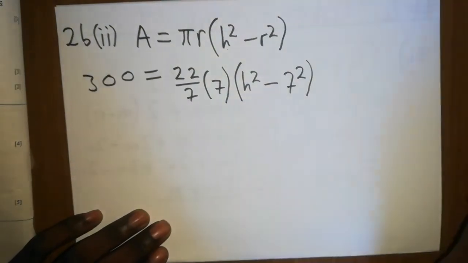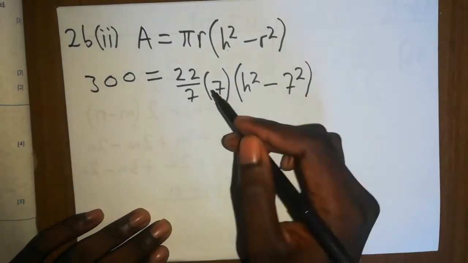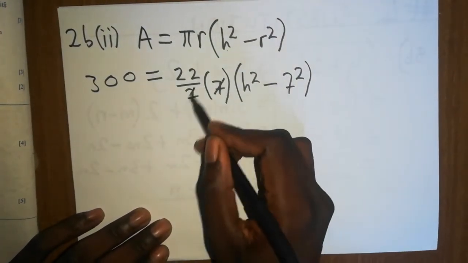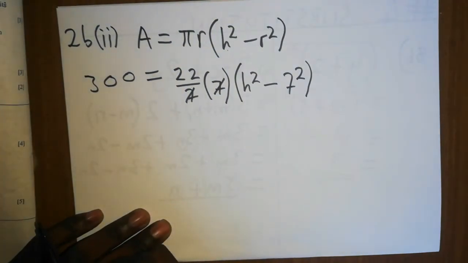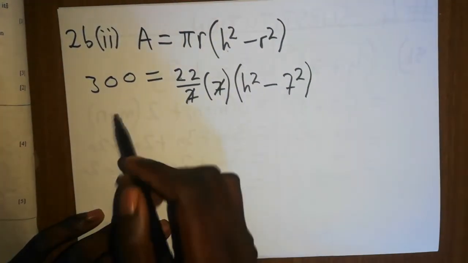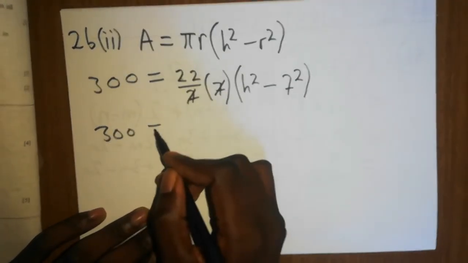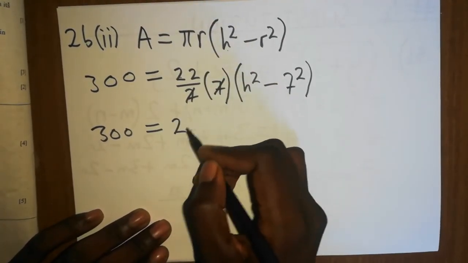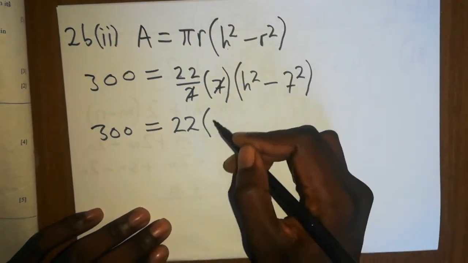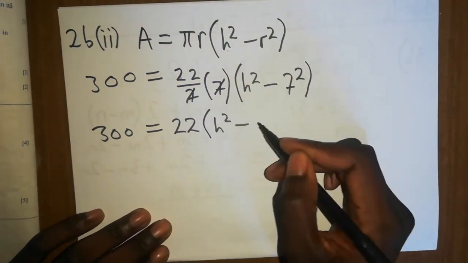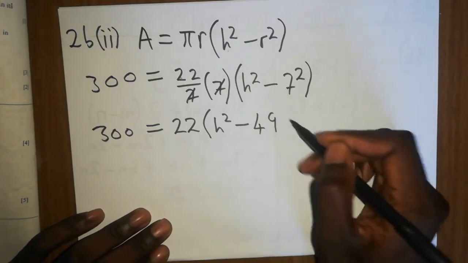So as I compute my working here, I'm going to have 7 into 7. I'm now left with this 22 here. And now we have 300 is equal to 22 bracket h squared minus 49 close.